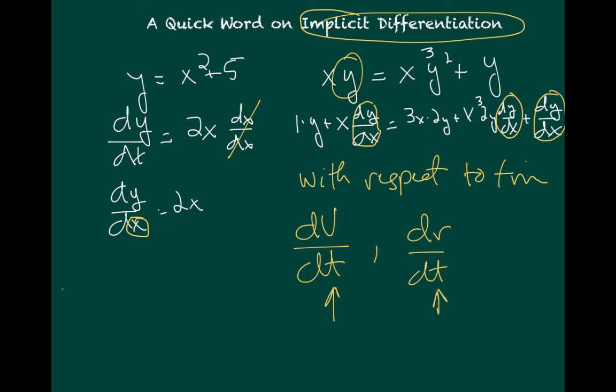And even though t does not appear anywhere in the problem that we're working with, the derivative is with respect to time. So that's going to come up in the next example. I'll be happy to answer any questions as they come up in class.